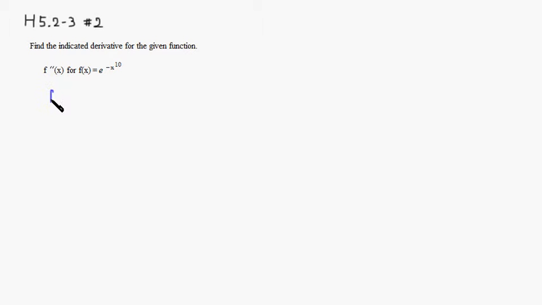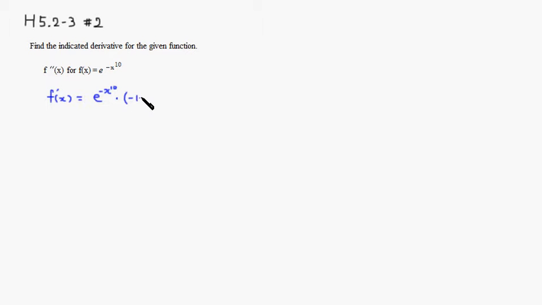So we have f prime of x is equal to, right? So you have e to the anything would be just copy exactly the same thing. So e to the negative x to the 10th power, right? Then multiply by, so chain rule, the derivative of negative x to the 10th. So it's going to be, there's a negative sign.